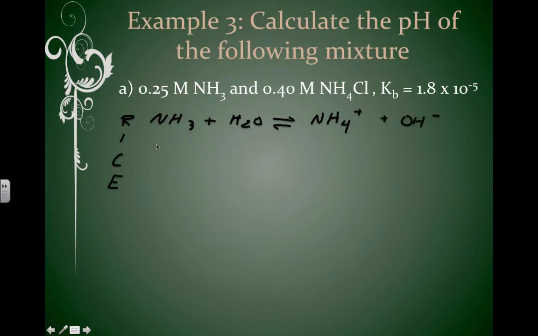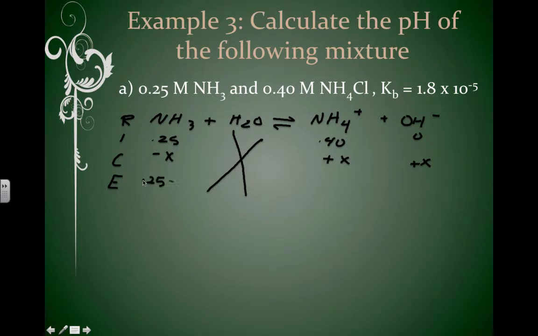So initially our buffer contains 0.25 molar ammonia and 0.40 molar ammonium, and no hydroxide yet. Then we have a change where some of the ammonia is reacted, so I gain ammonium and I gain hydroxides.